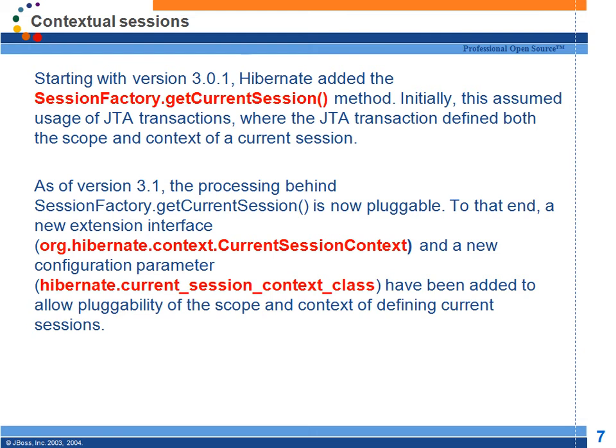But if you are not using JTA, this method will throw an exception. But from Hibernate 3.1 version, this is made pluggable. The scope of session can be pluggable. We can configure through configuration whether the session should be scoped to a JTA transaction or a thread, right?